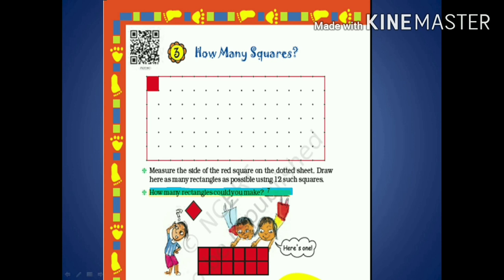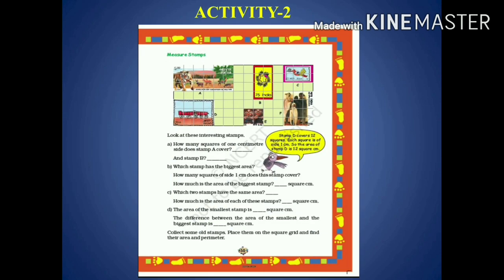Now here is another activity. This activity is also given in your NCERT book. This is an activity to measure the area of each stamp. First we will find the area of each stamp and then we will do these questions.